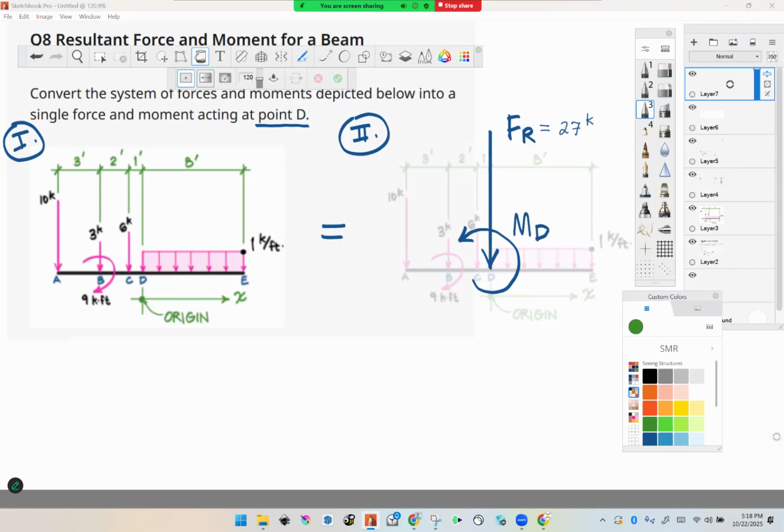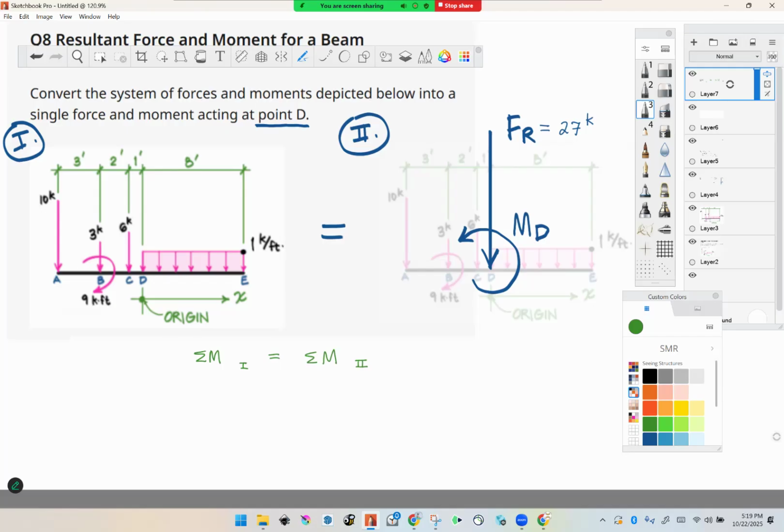For the next part, I'm going to do a moment summation. The summation of moments in system 1 has to match the summation of moments in system 2, and I get to pick an axis to sum moments about.